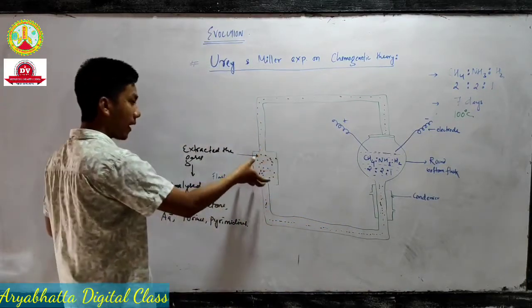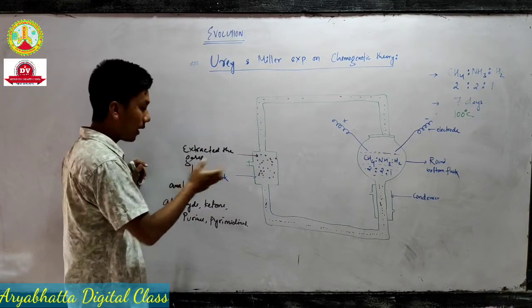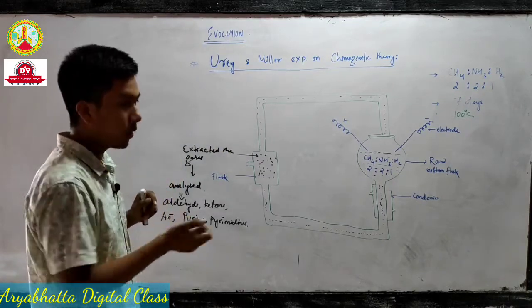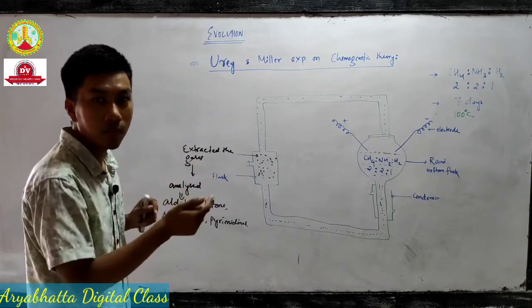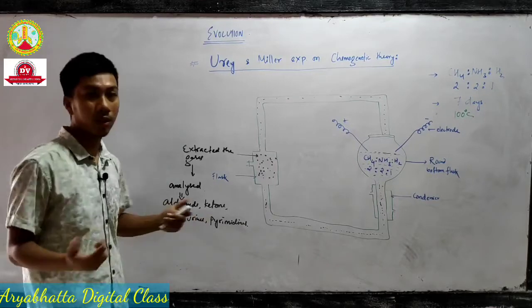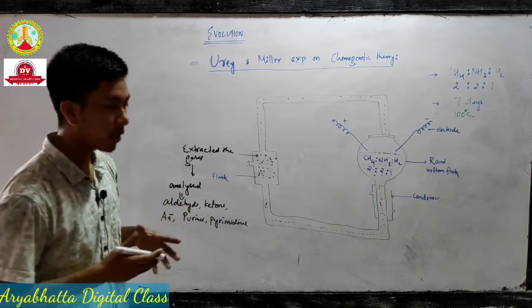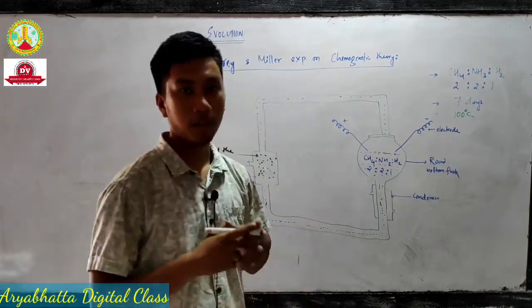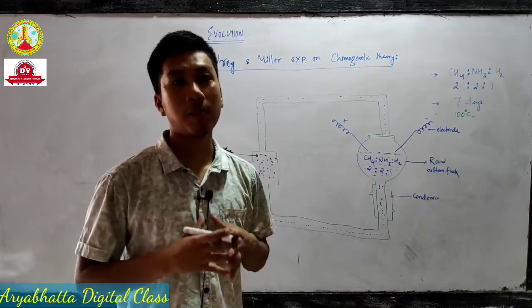From this flask, they extracted the chemicals and analyzed them. After analyzing, they found out that the chemicals had been transformed or evolved into simple sugars like aldehyde, ketone, amino acid, purine, and pyrimidine. Simple. Okay, that is the experiment performed by Urey and Miller, and from this experiment they concluded that the chemogenetic theory, given by Oparin and Haldane, is actually a correct explanation.